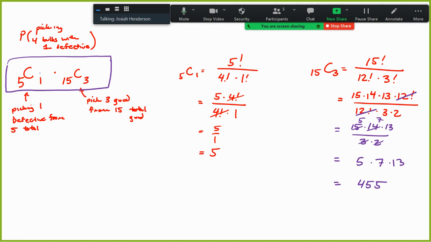So we're multiplying those together, basically doing the fundamental counting principle with these 2 answers. So we have 5 times 455, 2275. Okay, so what does that represent? It represents all the different ways we can pick 4 from 20 where only 1 is defective.